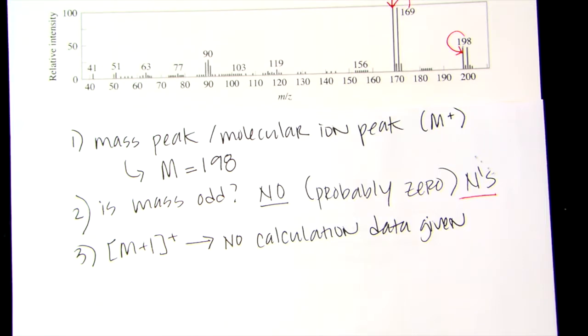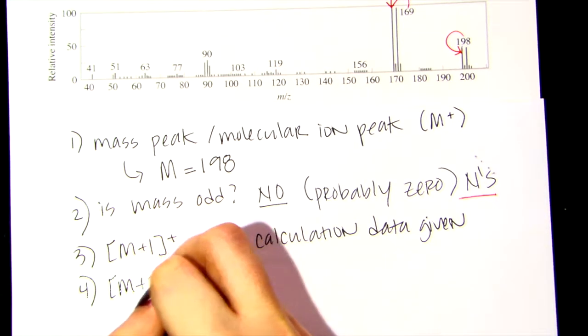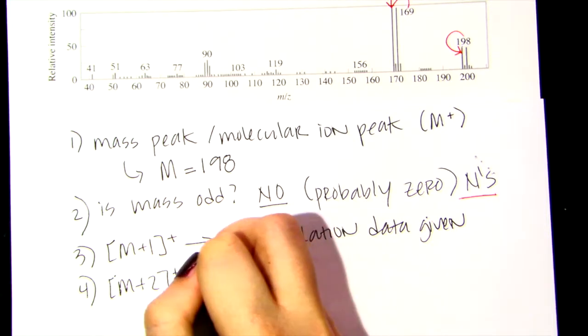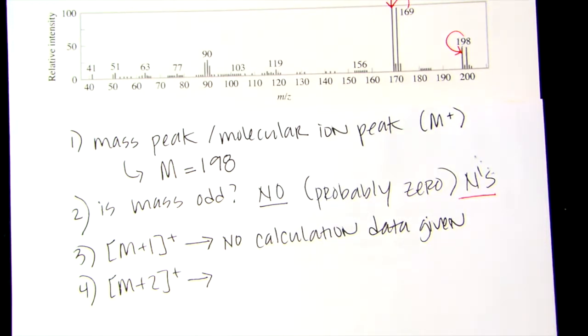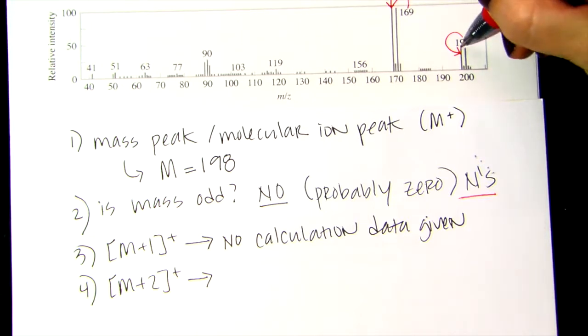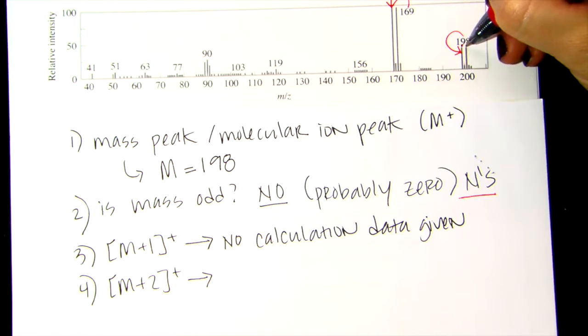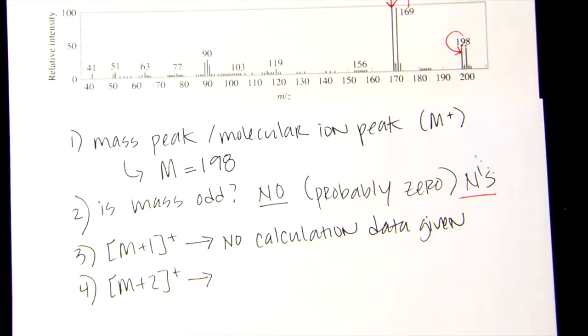All right, and so we also want to analyze M plus 2 because we can see some distinctive stuff there. When we're looking at M plus 2, we're looking for bromine, chlorine, or sulfur. And again, that's based on the ratio. Here you can see you have your mass peak at 198, you have your tiny M plus 1, and then you have M plus 2, which is roughly equal in height to your M plus 1, right?